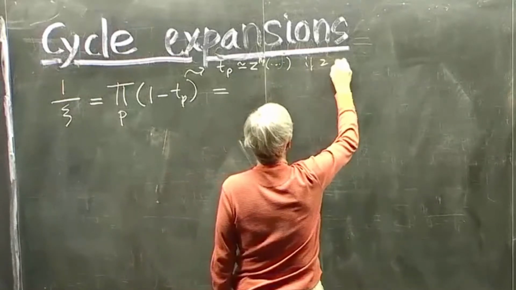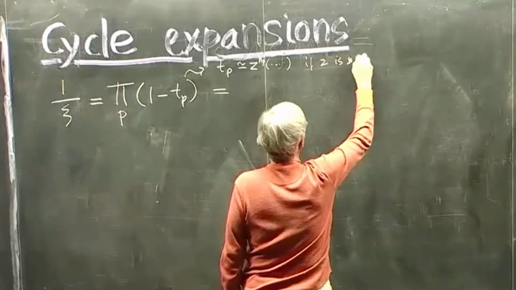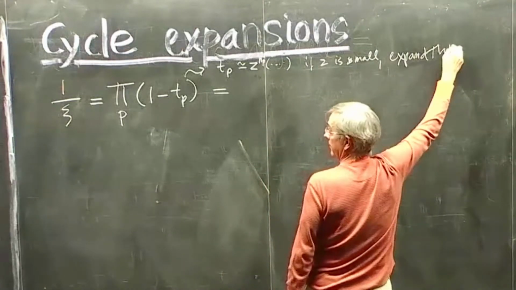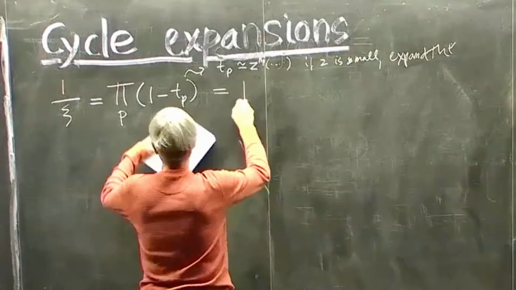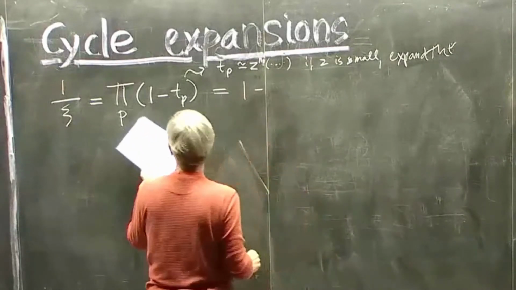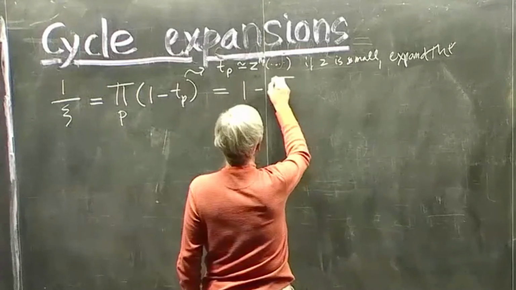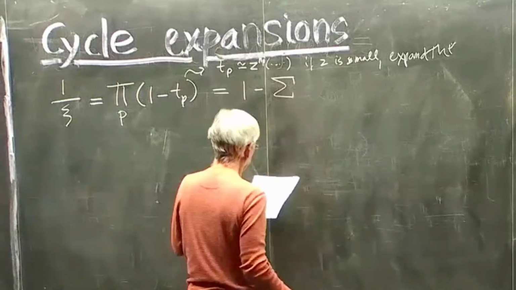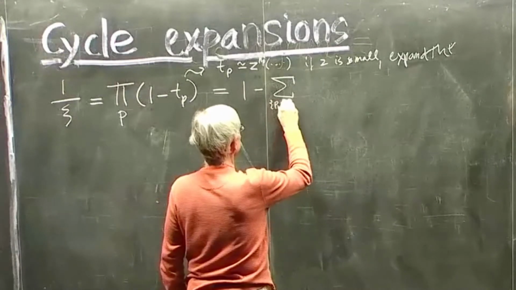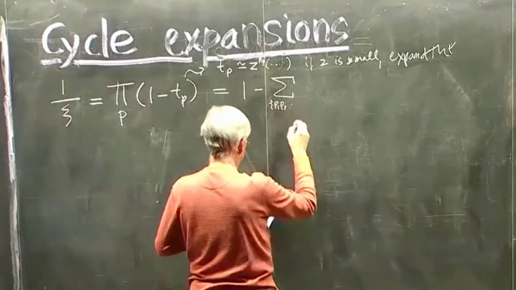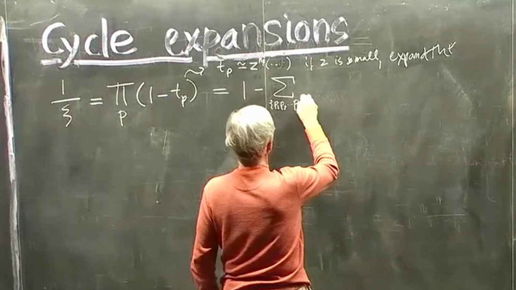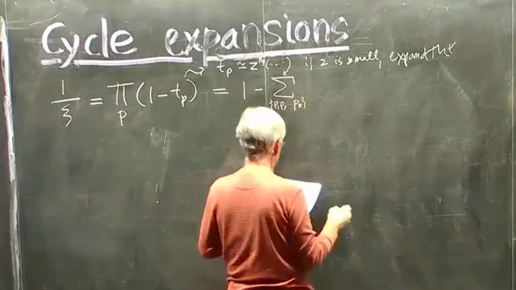If z is small, we can expand it. So we can pick up this term, and then we can pick up all products of all prime cycles, so P1, P2, Pk, of all k's.